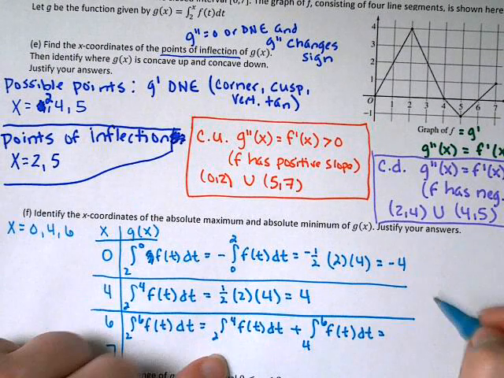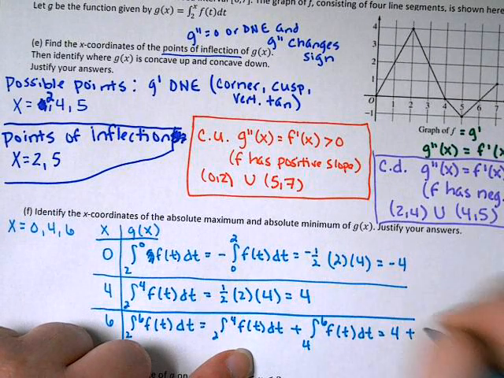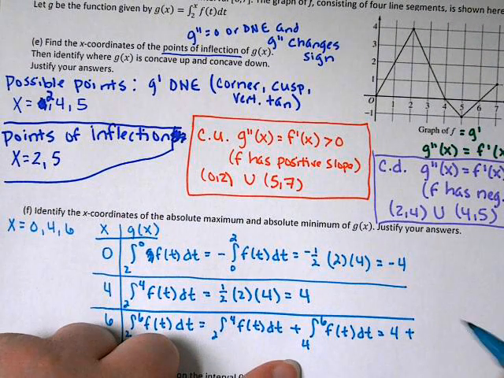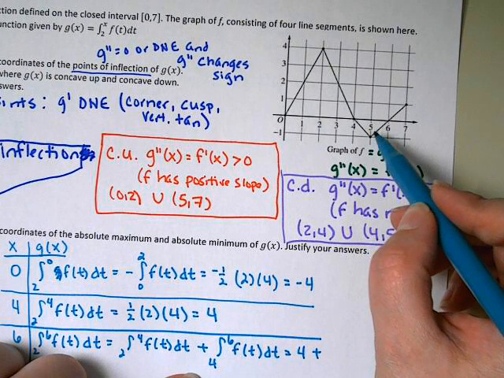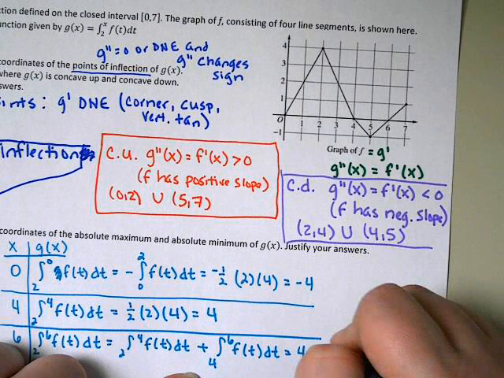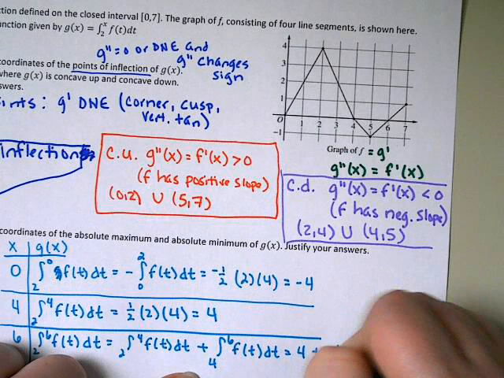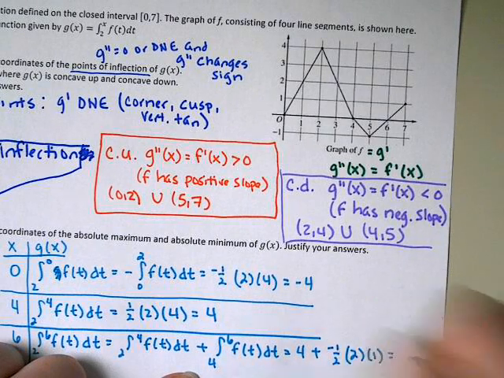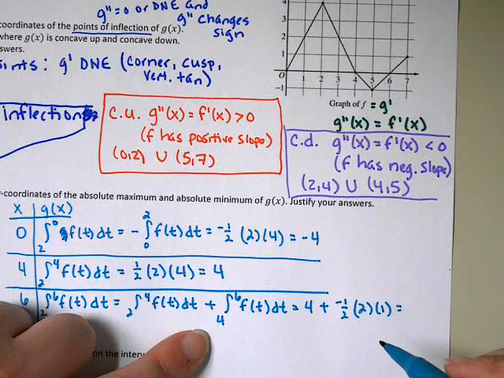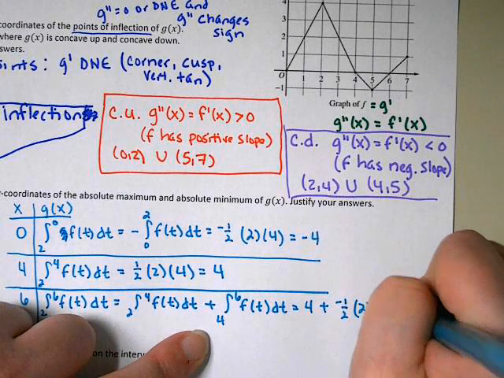So let's see, the integral from 2 to 4 was 4. So now I need to add whatever the integral is from 4 to 6. So from 4 to 6, it's this triangle that's underneath the x-axis. So it's actually going to be a negative 1/2. The base is 2 and the height is 1. So I have 4 minus 1, which becomes 3.